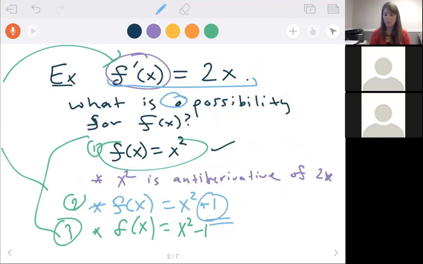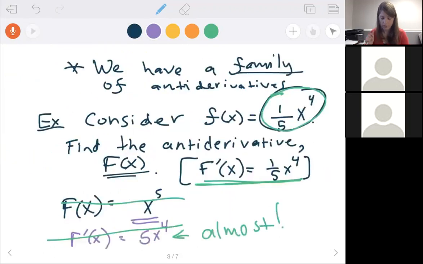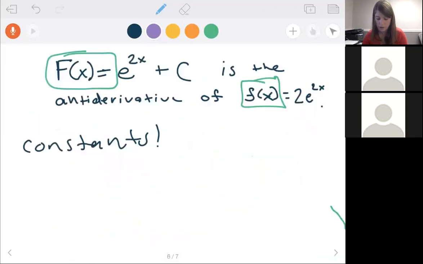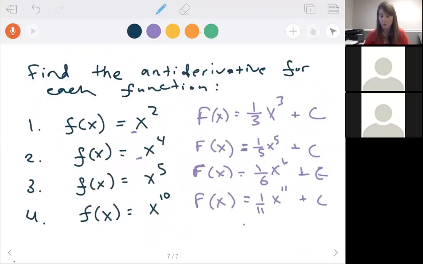We can do that pretty quickly. But having a 2 to start with can mess up what we're thinking in terms of going the other direction. So if we simply eliminate the constants and just think about basic power functions with no coefficient other than 1, then we see the pattern. Add to the power, and then 1 divided by that new power is our new coefficient.